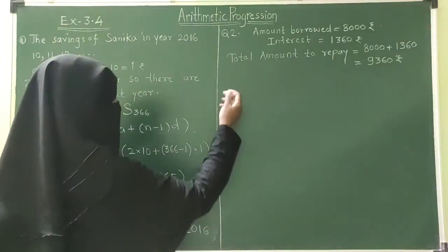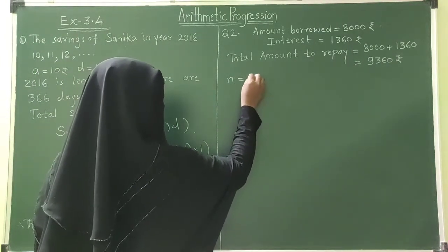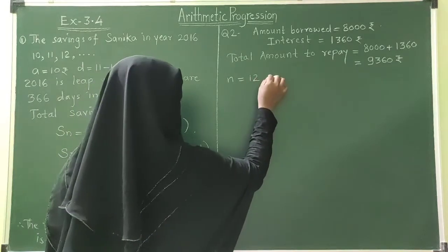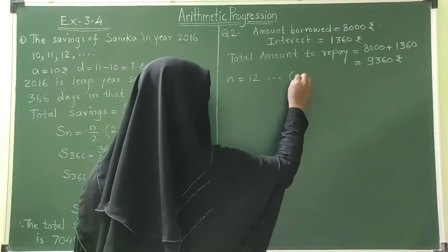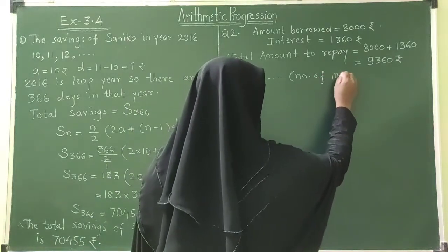9,360 रुपीज. नंबर ऑफ इंस्टॉलमेंट इज n. n is equal to 12, which is number of installments.